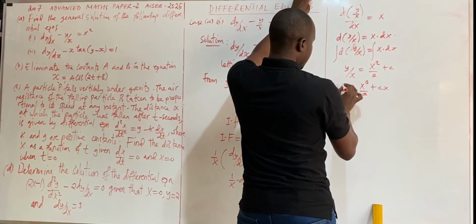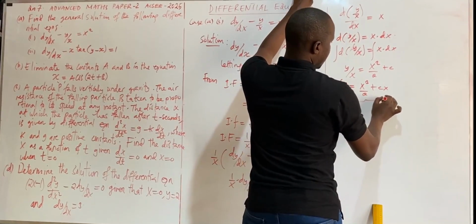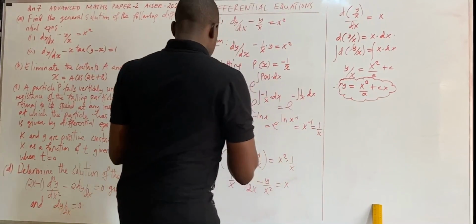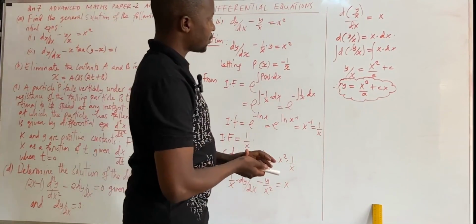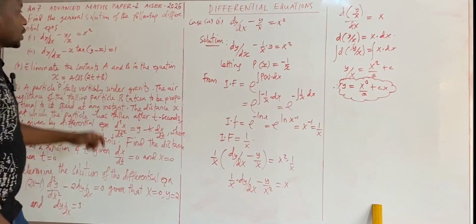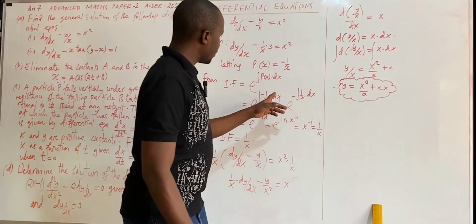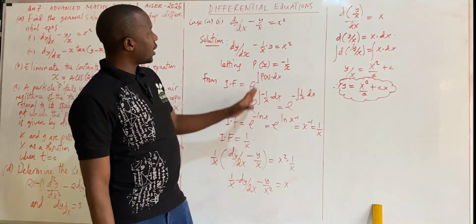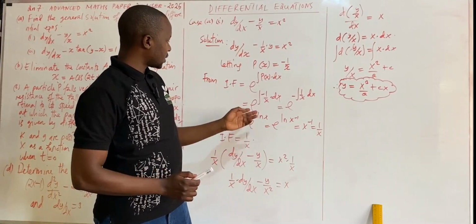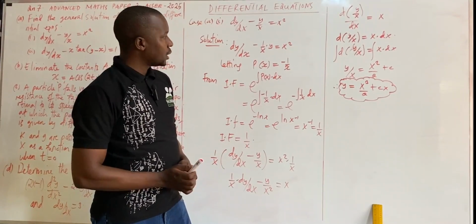Up to that point, we have obtained the equation, because we are told to find the general solution. So this becomes the general solution for that differential equation that employs the use of an integrating factor, where the differential equation is not exact. So the integrating factor can work.